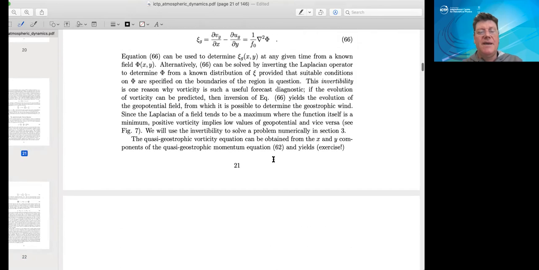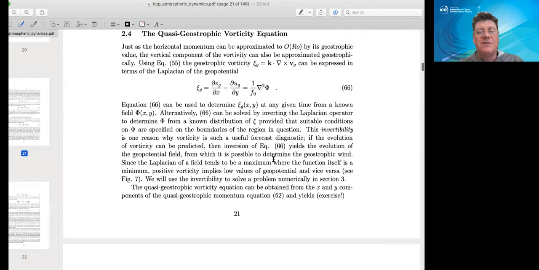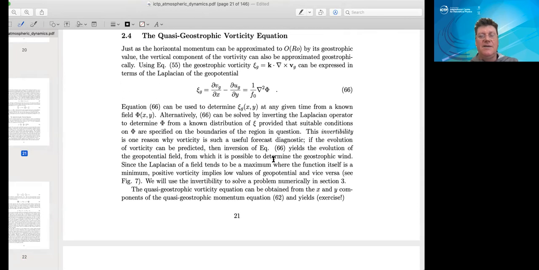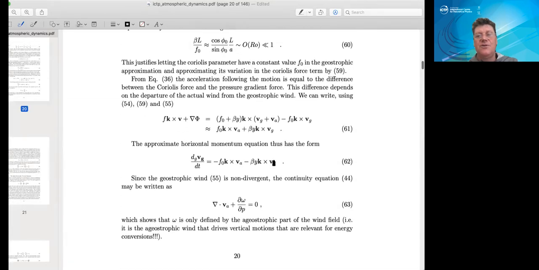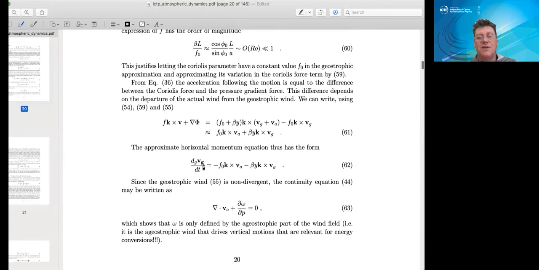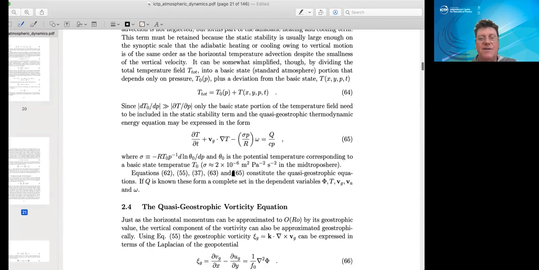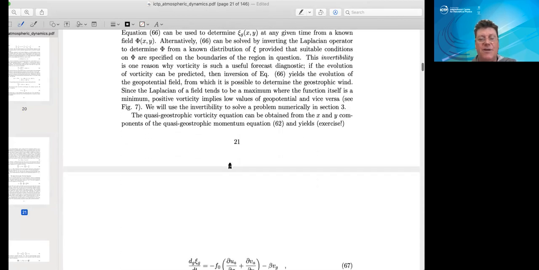But, and this will begin again in the exercise, you see the most interesting things are done in exercises. So you can use, just as you used already the momentum equations, this new momentum equation, apply the definition of the vorticity, and derive this new vorticity equation.